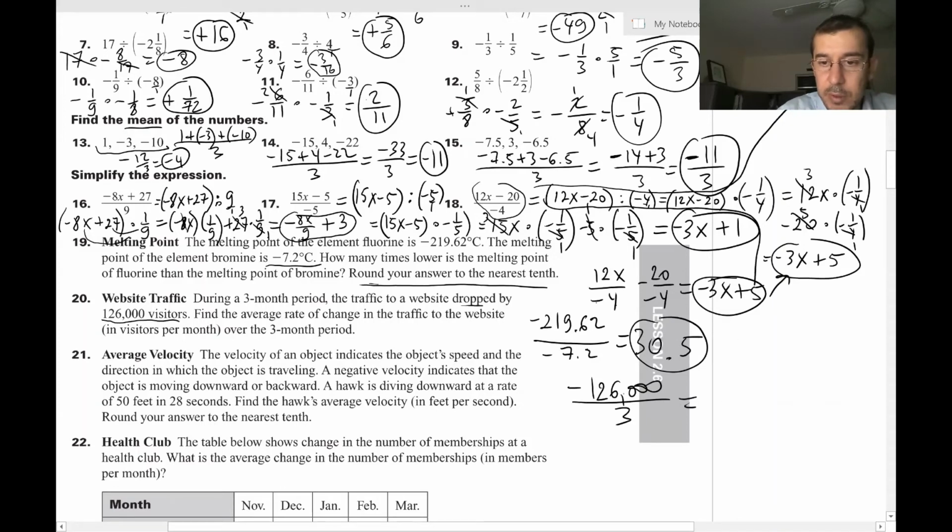So 126 divided by 3 is 42, and then 3 zeros. How I got that? Well, 3 times 2 is 6, 3 times 4 is 12, right? And so this is going to be minus 42,000 visitors is the change in visitors per month. So this is visitors per month.